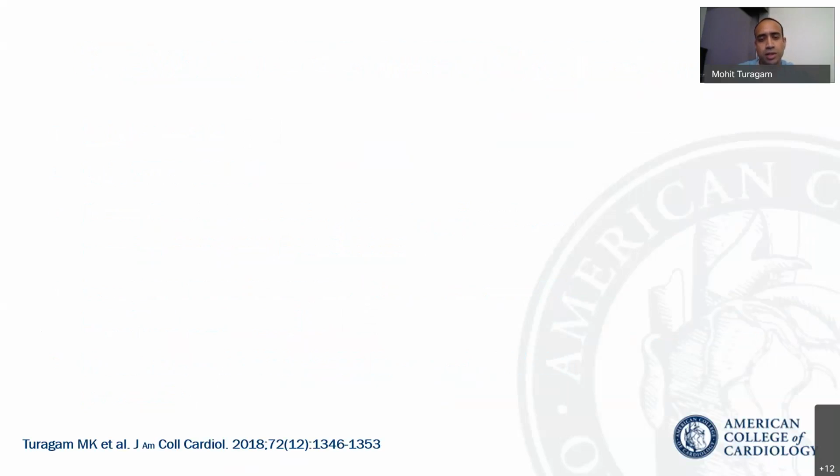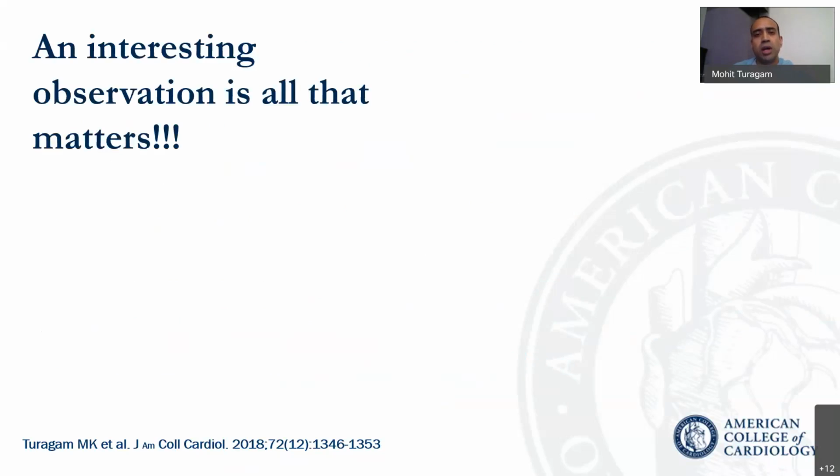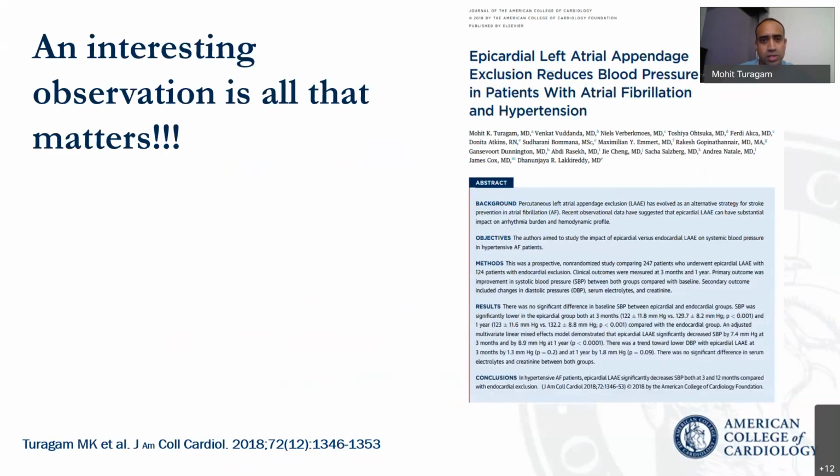So it's not necessary that you always have a large number of patients and a lot of funding to create a high-impact publication. An interesting observation is all that matters. Even an observational, retrospective study with a small number of patients, say 100 to 200 patients, with a tight follow-up can eventually result in a publication in a high-impact journal.